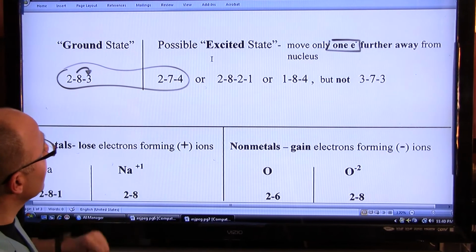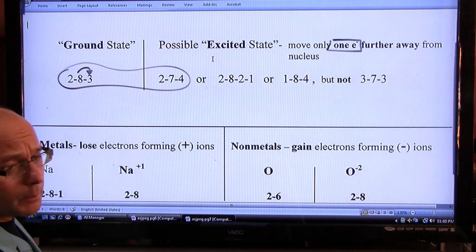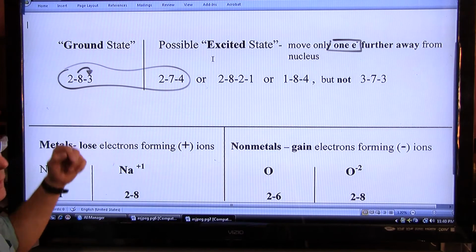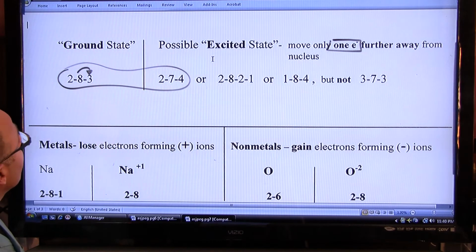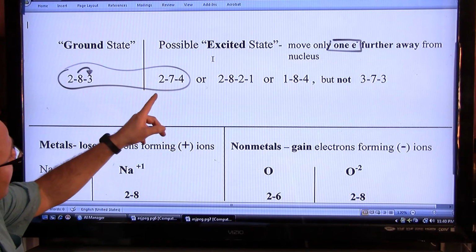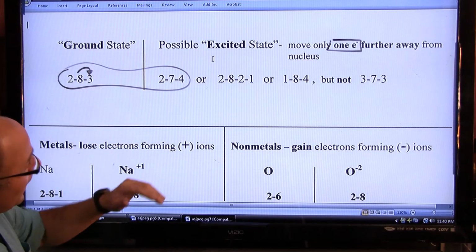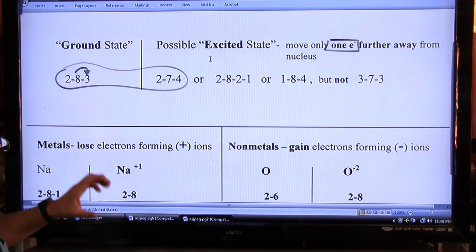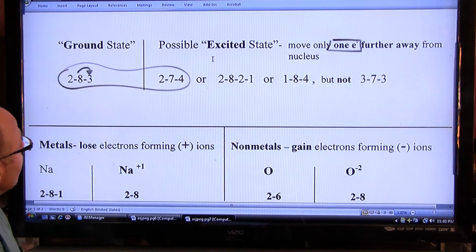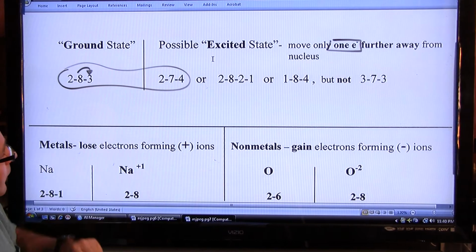Again, you would add it up, 13, look up who number 13 is, and see that 283 is clearly a ground state. And since electrons in this case have moved further away from the nucleus, and to the right is further away from the nucleus, then that certainly is an excited state.